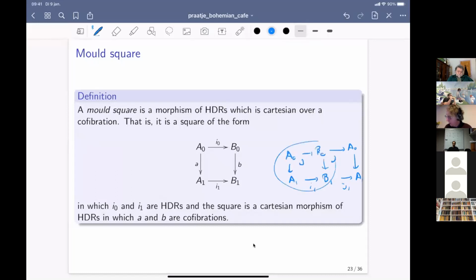This thing over here would then be a mould square. It is a morphism of HDRs from top to bottom, and this thing over here is a cofibration. So that's what a mould square is.